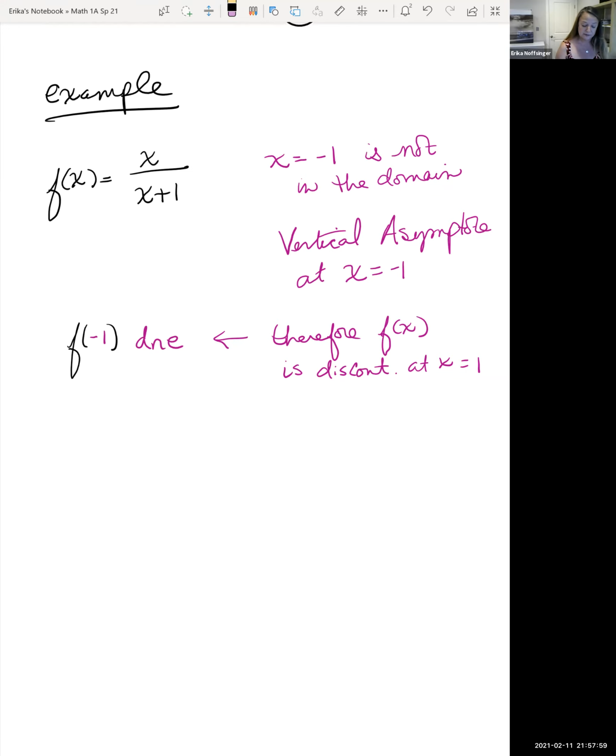And because it's a vertical asymptote there, I know I cannot remove it. It's a non-removable discontinuity.